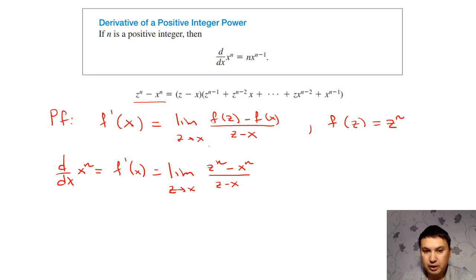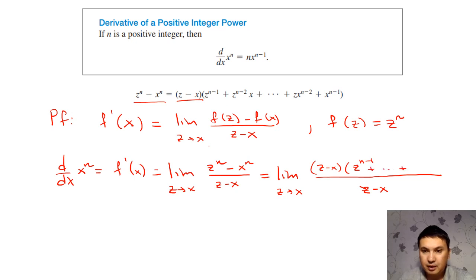Well, if you let z go to x, it goes to 0 over 0, so we cannot immediately let z go to x. We need to cancel out, and what will cancel out is, as you can see from the binomial formula, z minus x at the bottom. So z to the n minus x to the n, as you can see from the binomial, is z minus x multiplied by z to the n minus 1, etcetera, x to the n minus 1.